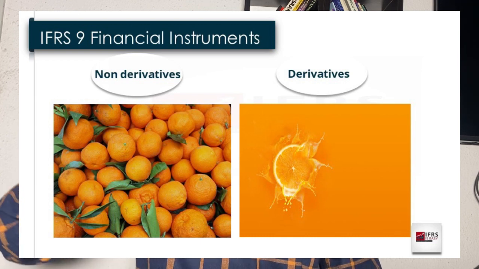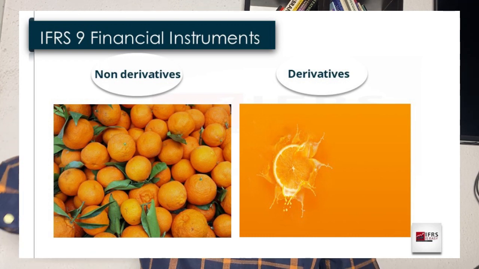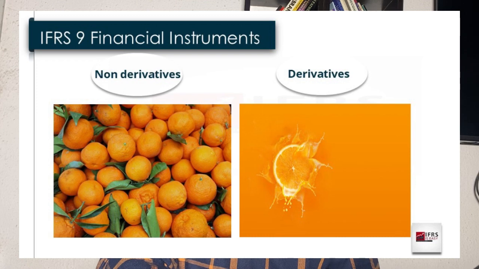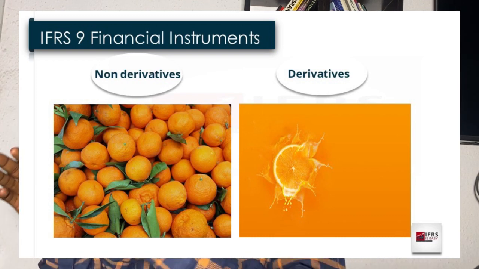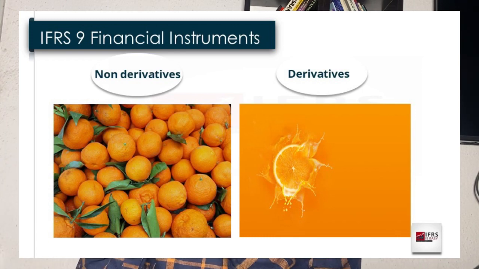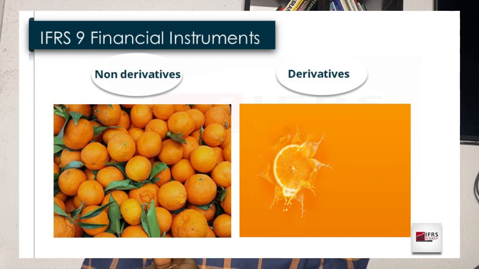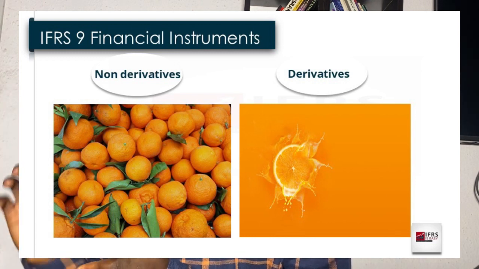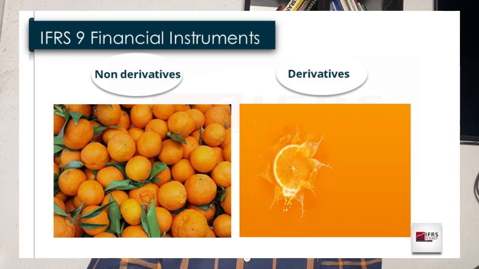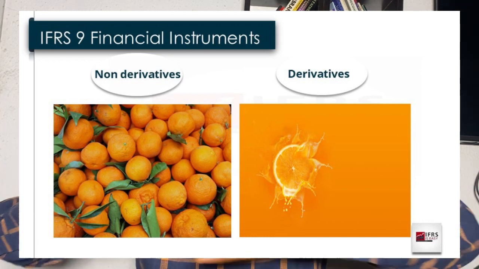Now, a derivative is the extraction out of something because it derives its value from that thing. Our juice can have a higher price than the oranges themselves, but the juice derives that higher price from those oranges. And so derivatives derive their value from an underlying, which is the non-derivatives. So we'll be looking at how those are split very soon.